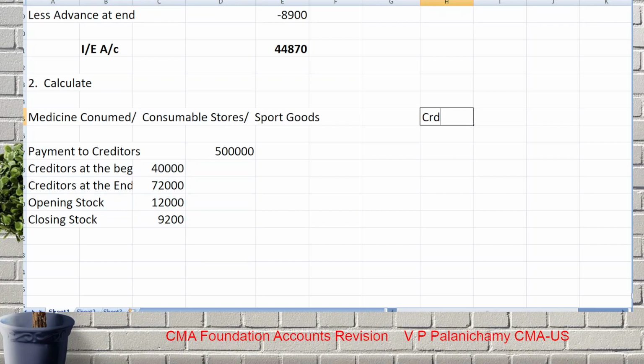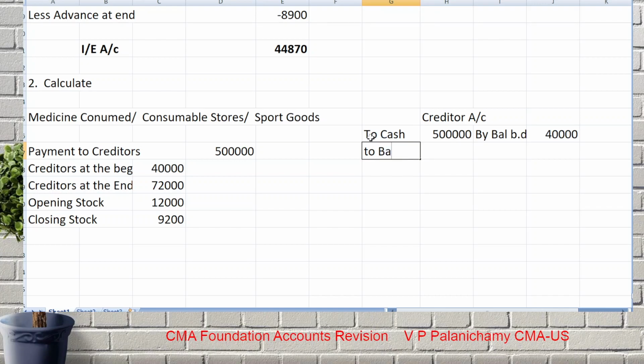We will prepare which account? Creditors account. The creditors account will have a credit balance, of course. By balance brought down, how much is the opening balance? 40,000. To cash or bank, how much have we paid? 5 lakhs paid.